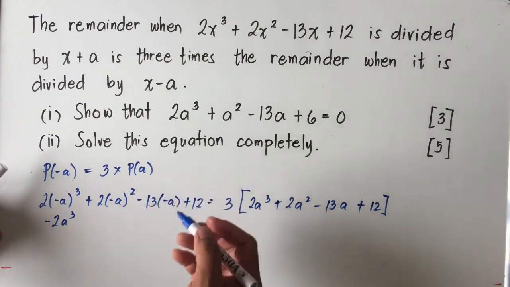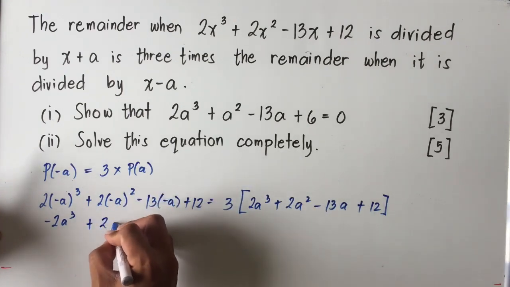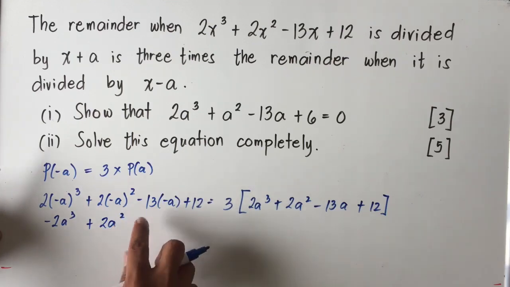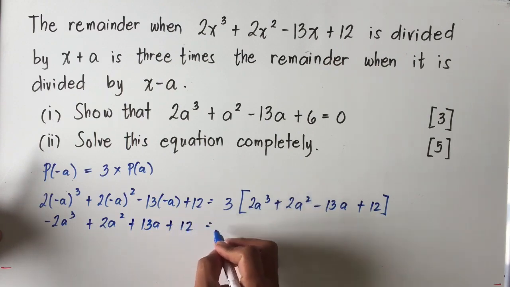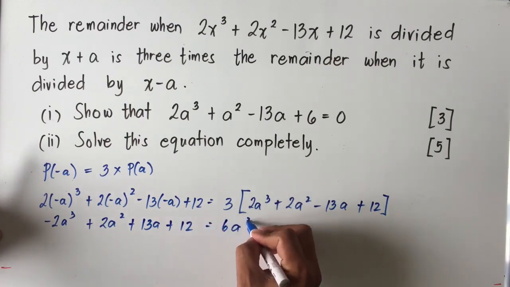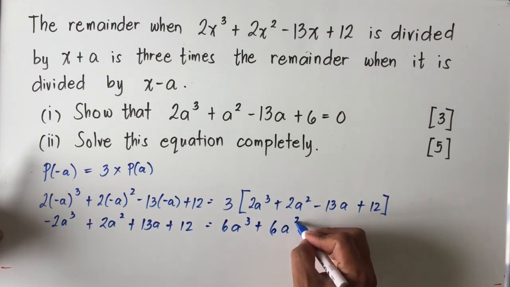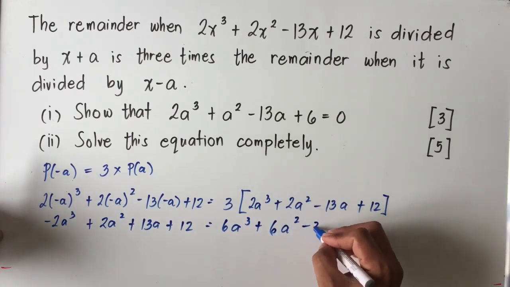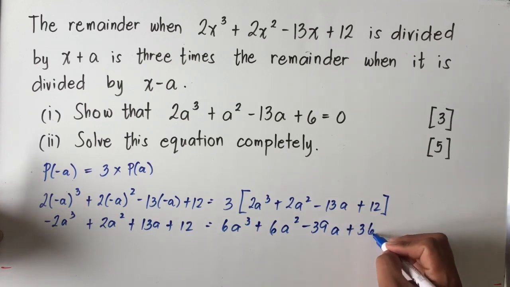Negative a squared is a squared, so it will become 2a squared. Then positive 13a plus 12 is equal to 6a cubed plus 6a squared minus 39a plus 36.